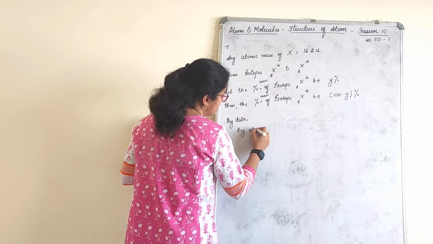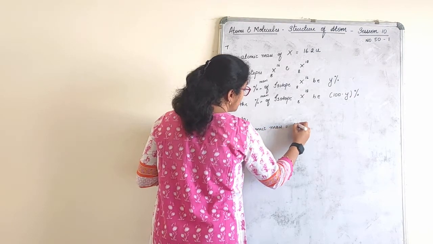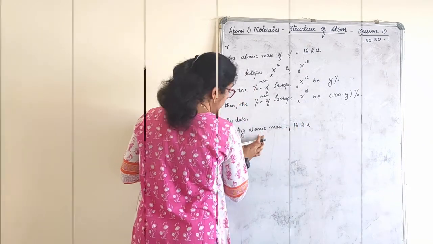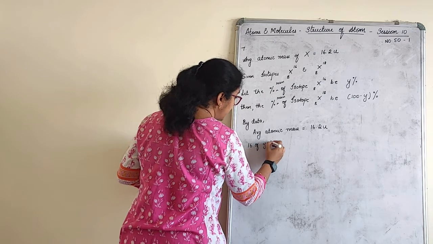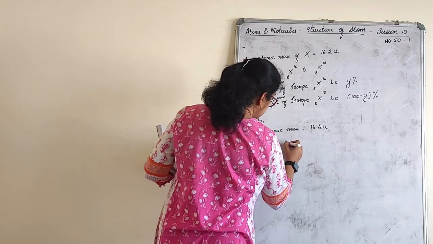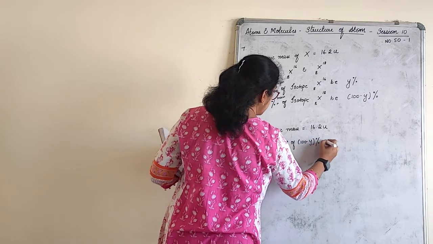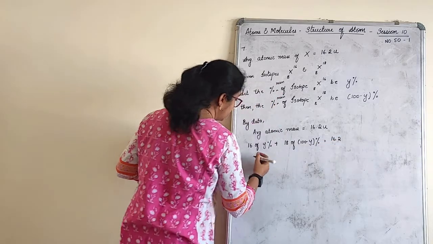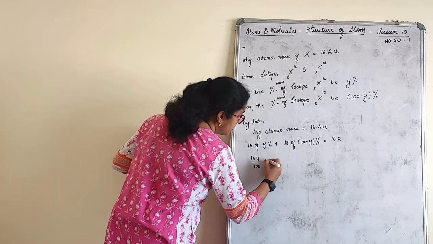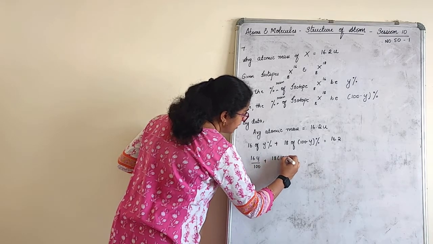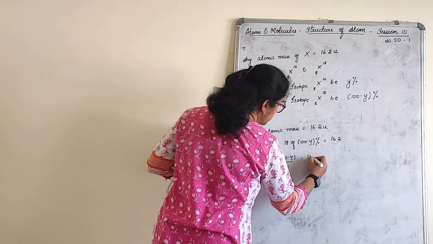Average atomic mass is equal to 16.2 units, like how we had written previously. So this is 16 of y% plus 18 of 100 minus y% is equal to 16.2. So 16y by 100 plus 18 of 100 minus y by 100 is equal to 16.2.